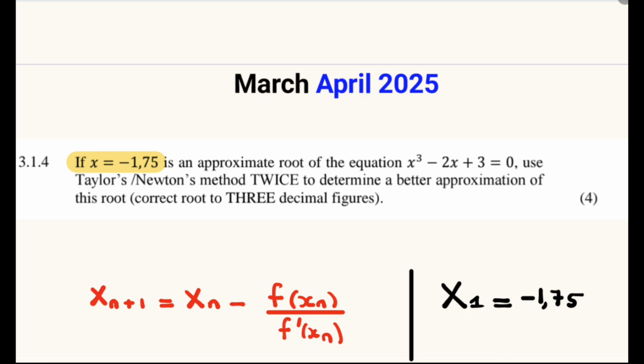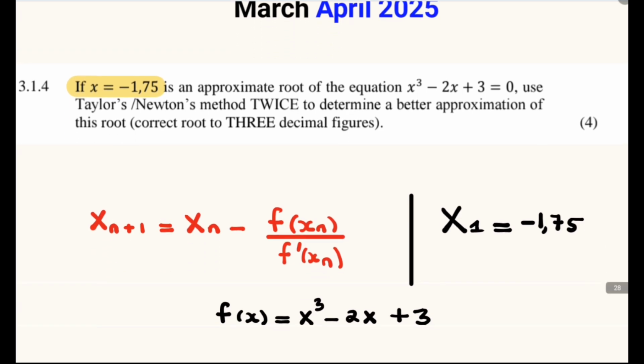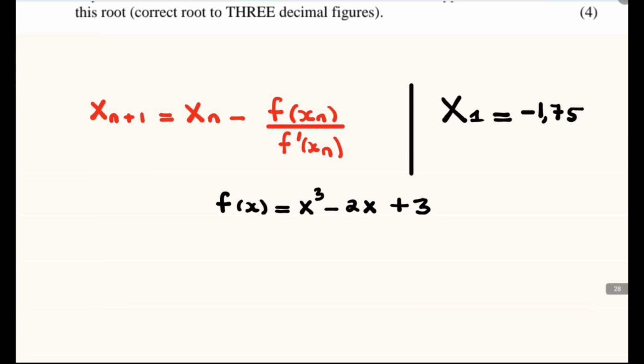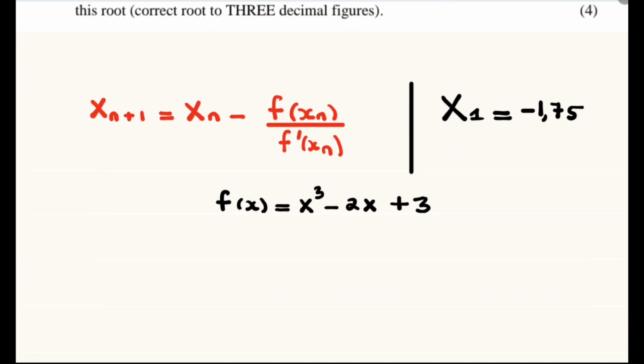We are going to use the following formula, which is unfortunately not available in the formula sheet, and the x is equal to negative 1,75 will be our x1. So we have to determine x2 and x3. We name the x cubed minus 2x plus 3 as our f of x. Since we have the negative 1,75 as our x1, the n will be our 1.